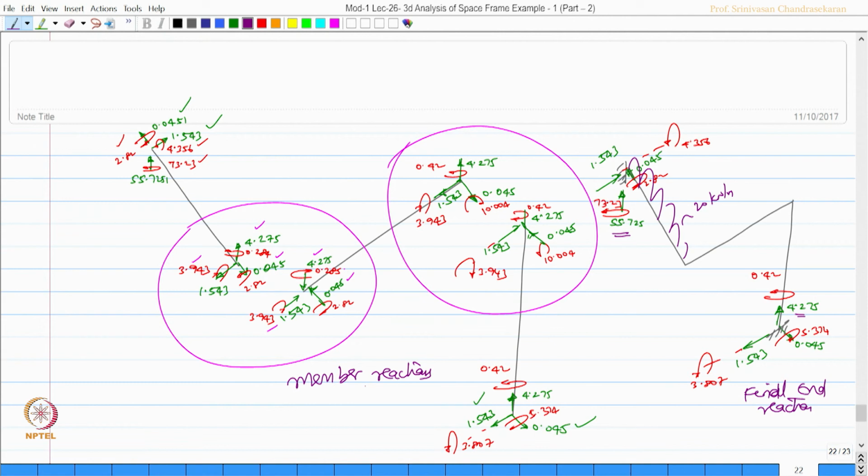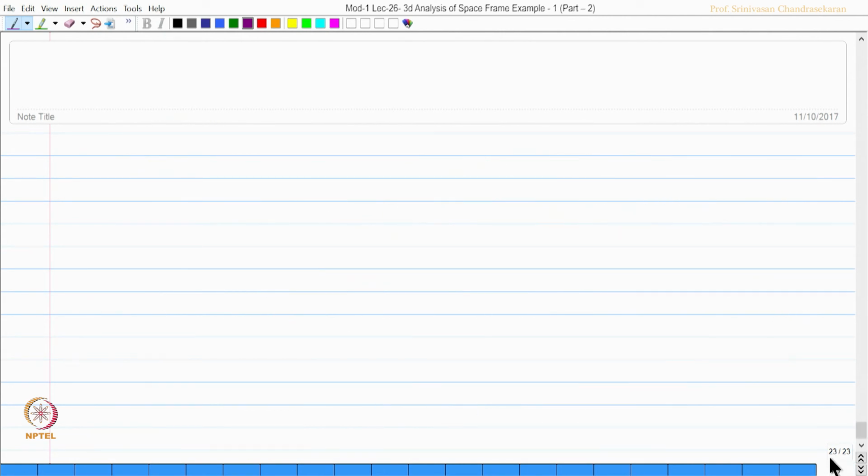So, friends, we have discussed in this lecture an interesting space frame problem of 3D analysis. Okay. We also discussed the computer code to solve the problem.